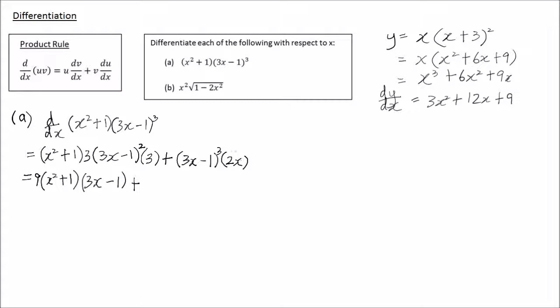Now the 2x can be written in front here, followed by this bracket 3x minus 1 cubed.